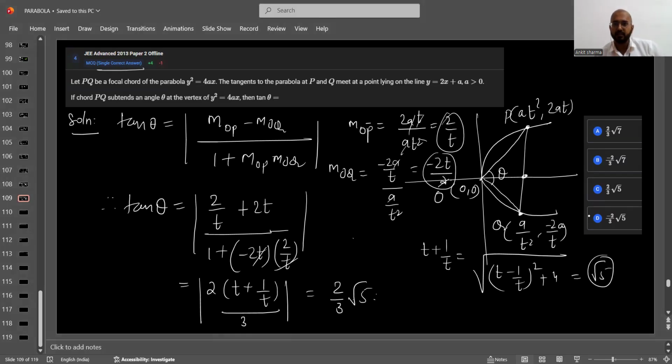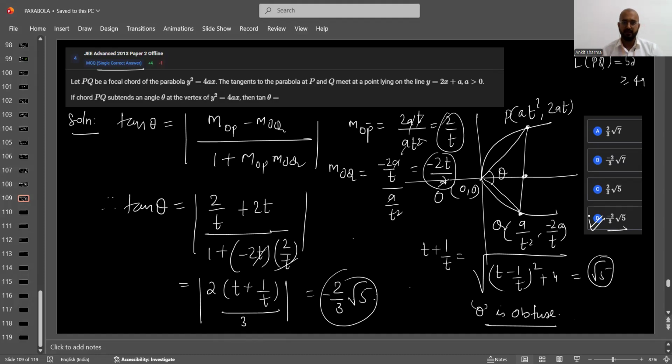But here, if you see the length of this PQ, so length of PQ is basically 5a, which is greater than or equal to the latus rectum basically. That means this chord will subtend an obtuse angle. So theta is obtuse. So if theta is obtuse, that means this angle is going to be negative. So my tan theta would be minus 2 over 3 root 5.